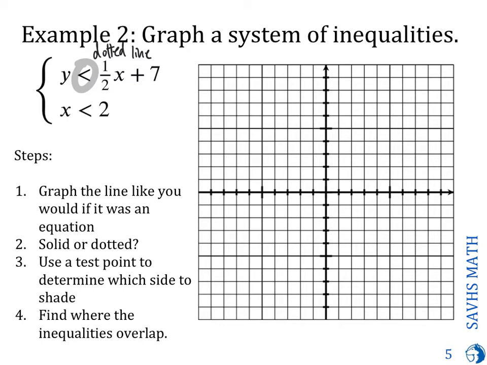So here, my y-intercept is 7. The slope is 1/2 x. Like that. Then I can just connect these dots in a dotted line.